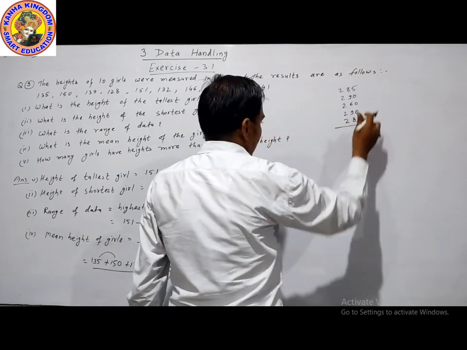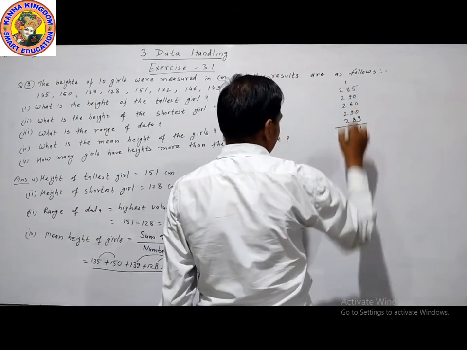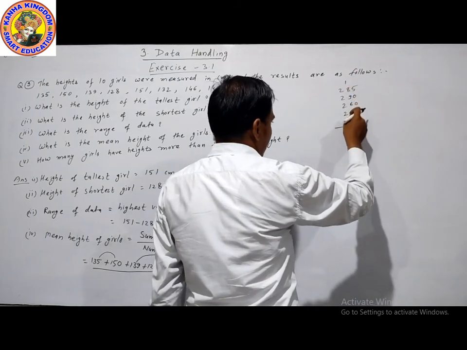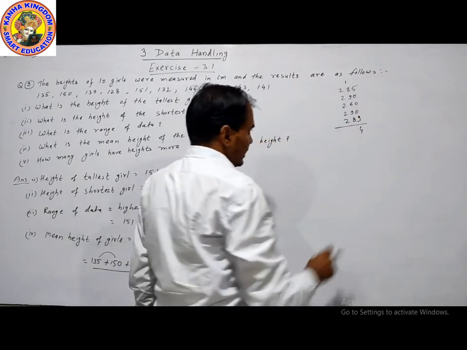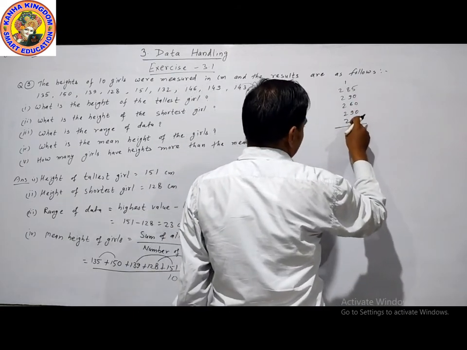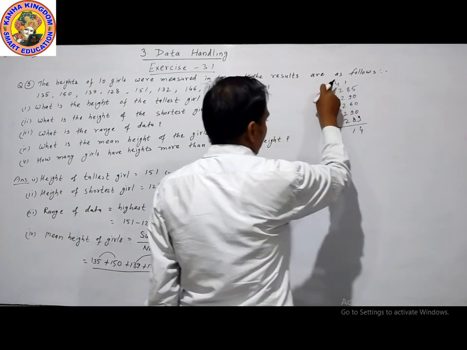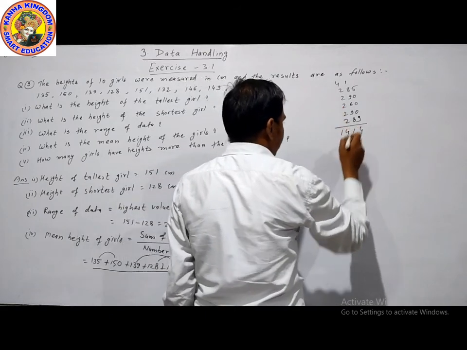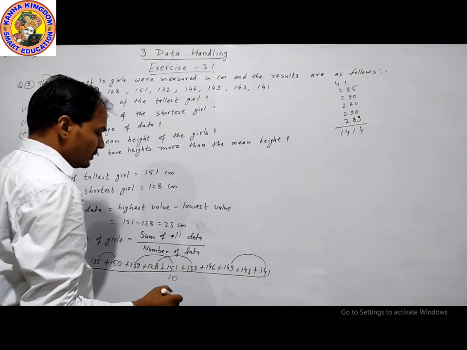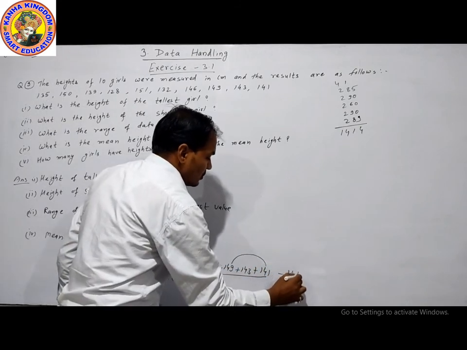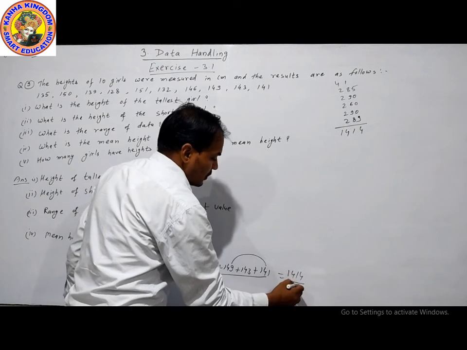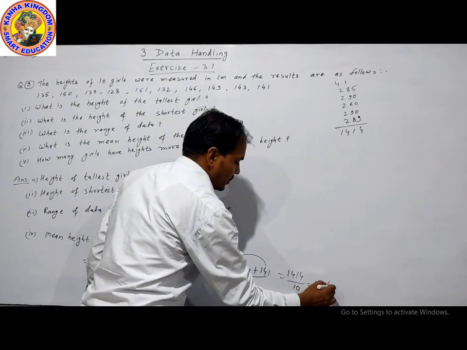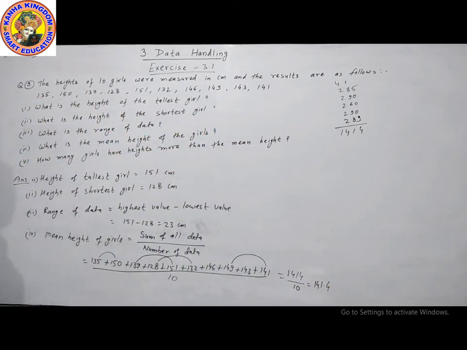Adding everything, the total is 1414. Answer is 1414 divided by 10, which is 141.4.